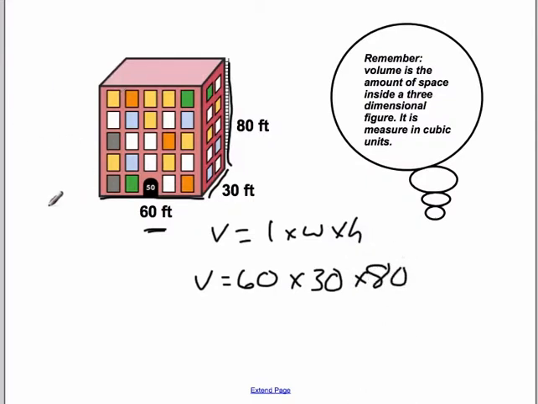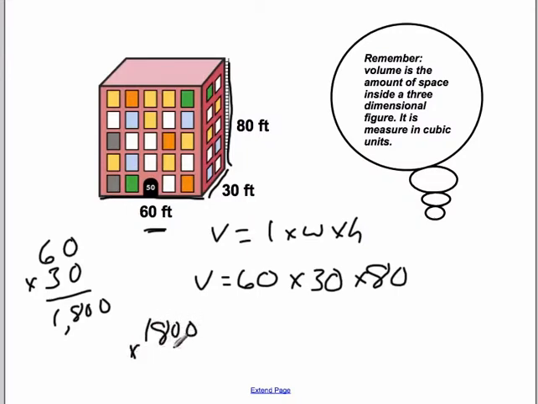Remember, you always have to show all your work. So 60 times 30 is 1,800. And now we have 1,800 times 80.